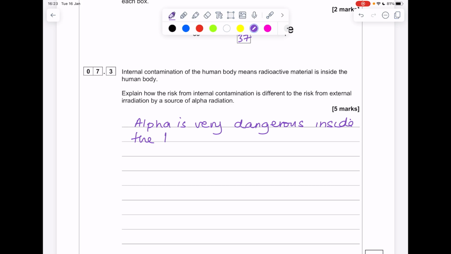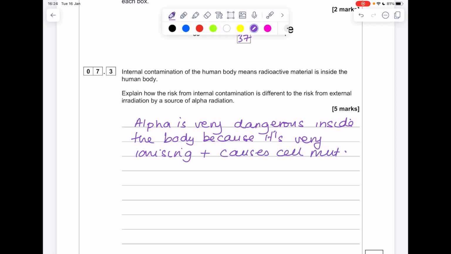Inside the body because it's very ionizing and causes cell mutation and cancer.